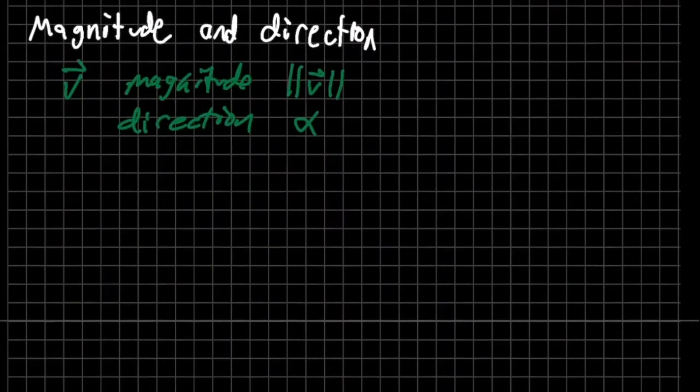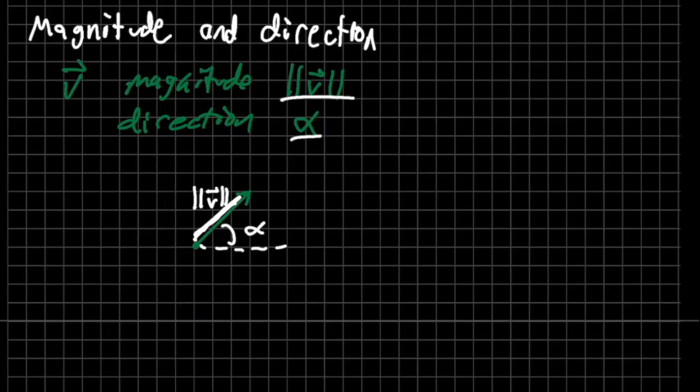What this would look like is, for example, if we had a vector v here, alpha would be the angle here above the horizontal. And then the magnitude is the distance here. So magnitude of v, direction alpha.